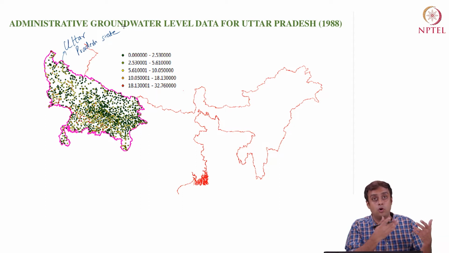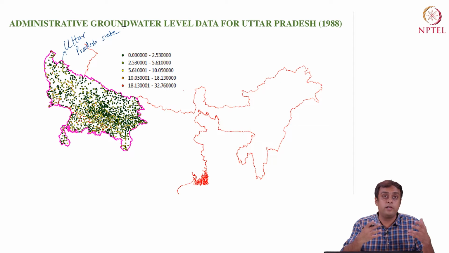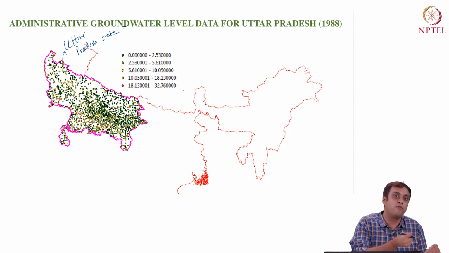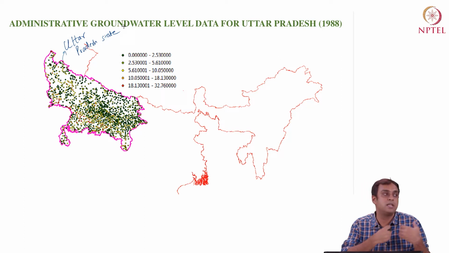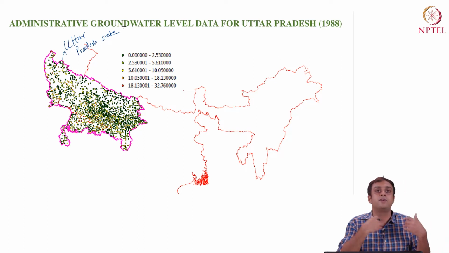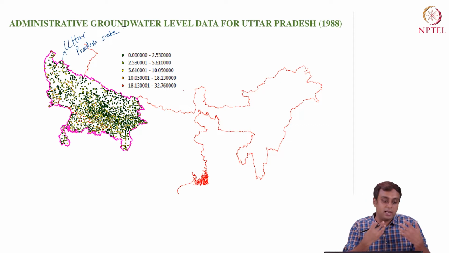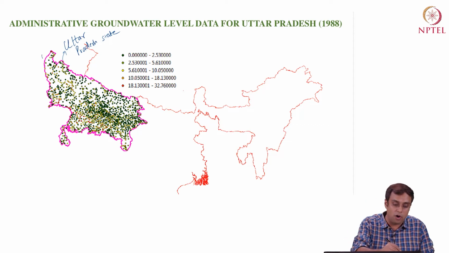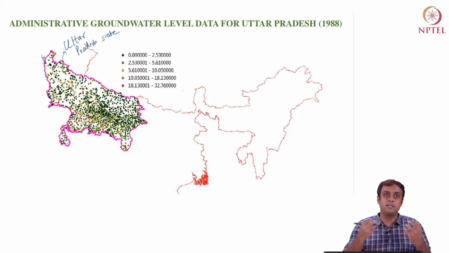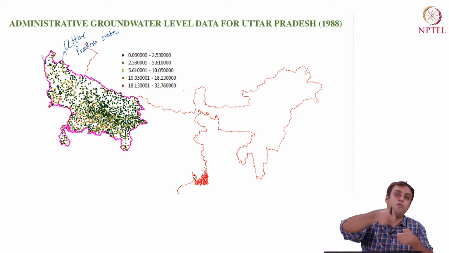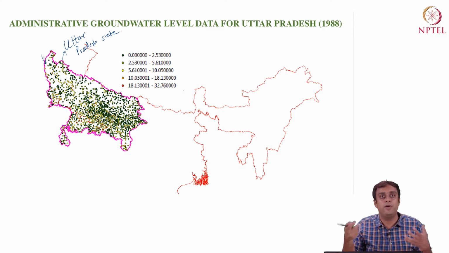This Central Groundwater Board is trying to monitor values every year: what's happening before monsoon, what's happening after monsoon, what's happening right after the harvest of the Rabi crop or the Kharif crop. They basically have to go into each of these wells and figure out the depth of groundwater level at each of these wells.